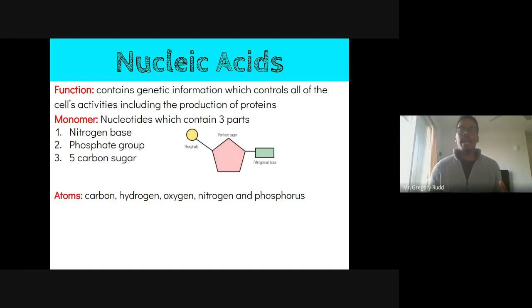But we can imagine that a cell is like a really big mall. In that mall, you've got a lot of different stores and a lot of different activities going on and a lot of different people controlling those activities. But these nucleic acids would be basically the owner and operator of that mall. They control everything.